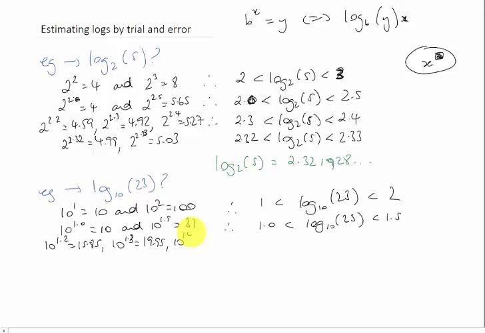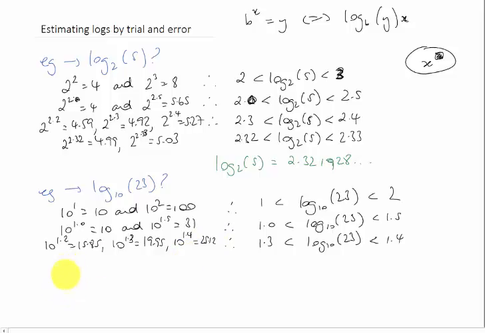And 10 to the power 1.4 is 25.12. So the log in base 10 of 23 is in between 1.3 and 1.4, because 23 is in between 19.95 and 25.12.